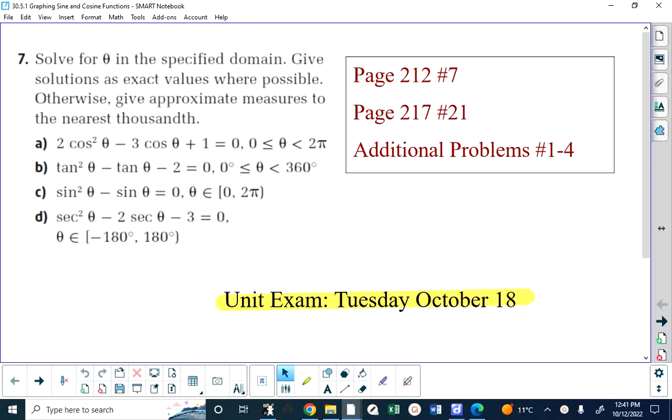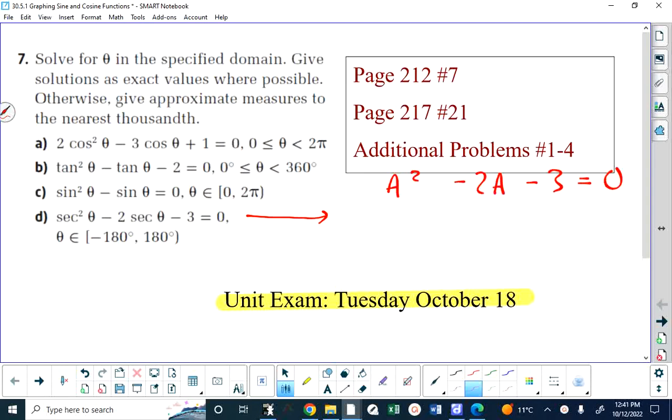So when you're solving trigonometric equations that are quadratic, the idea is you want to reduce them in some way to linear equations. For example, if you take a look at D up here, this is like having a squared minus 2a minus 3 equals 0, which would factor into (a minus 3)(a plus 1).